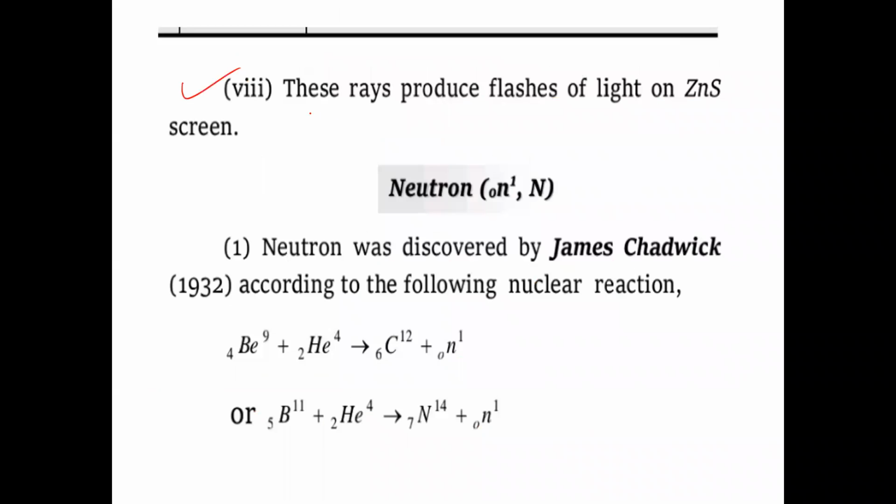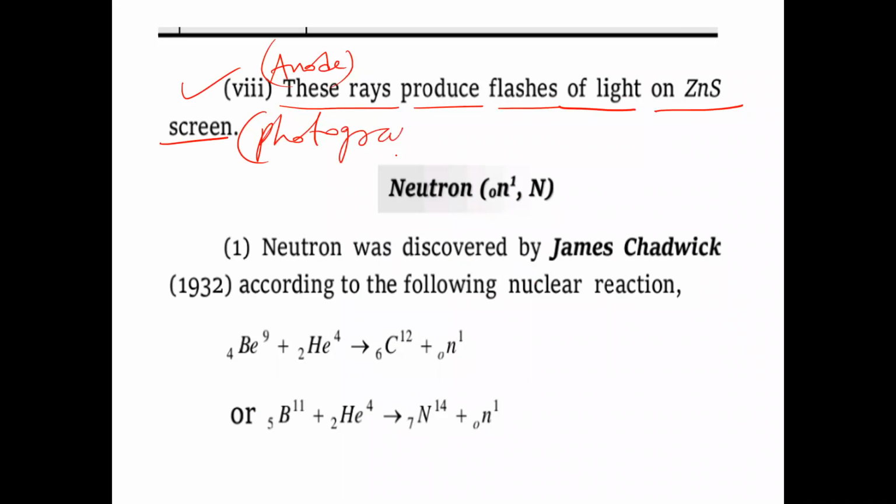Next, another point is that anode rays produce flashes of light on a ZnS screen. The ZnS screen is nothing but a photographic plate, generally made up of zinc sulfide.